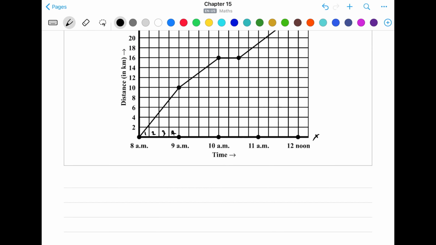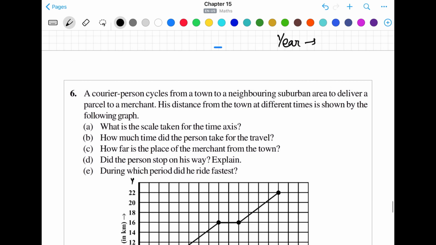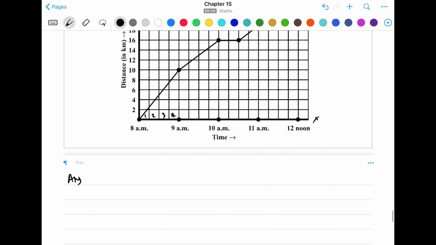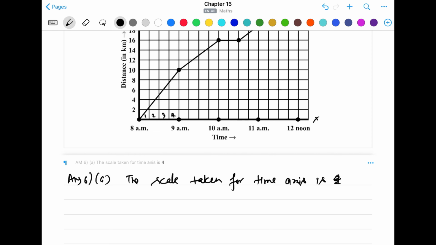Okay, so this is answer number 6, part A. The scale taken for time axis is 4 units equals 1 hour.